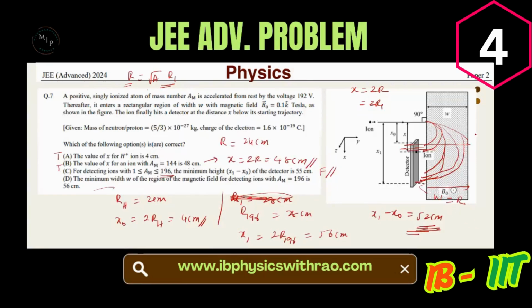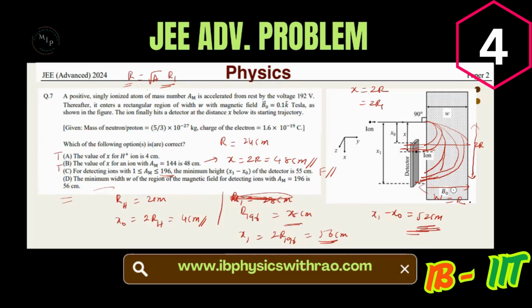Then this should also be equal to 2 times the radius, right? So therefore, this width should be half of this. What is the radius of the 196th ion? The radius of this one was seen to be 28 centimeter.